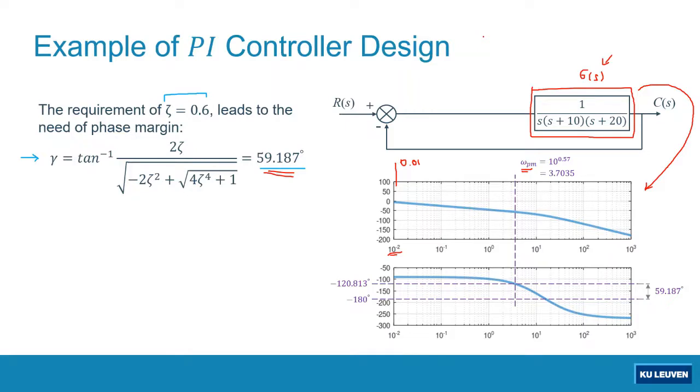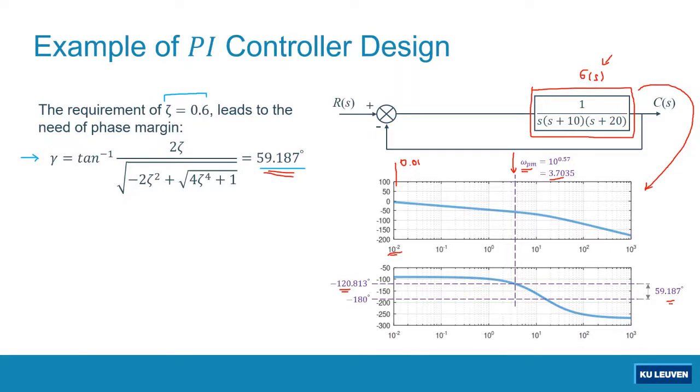But if somehow our phase margin frequency is equal to 3.7035 radian per second, or it is located at this frequency, then our phase value at this phase margin frequency will be equal to negative 120.813 degrees. At this frequency, we will get the desired phase margin.